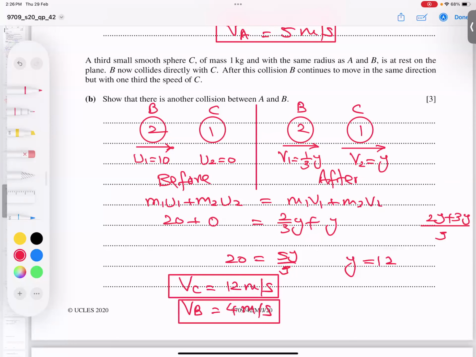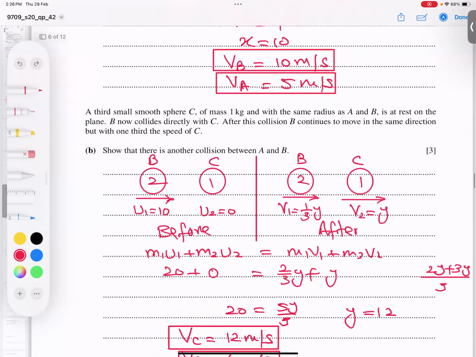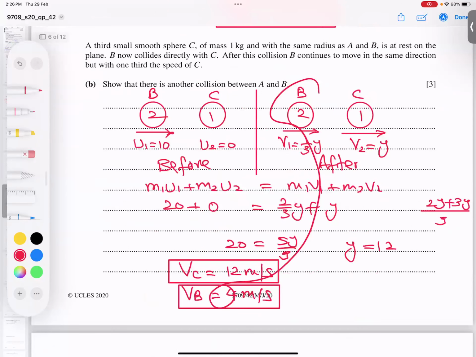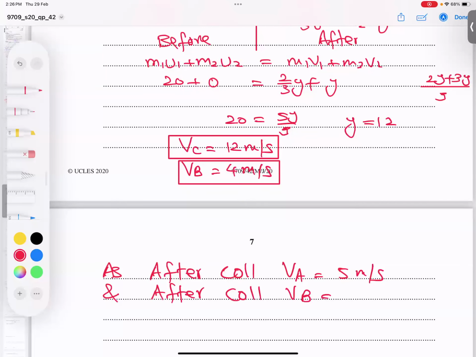My answer is: what is the velocity after collision of A? 5. And what is the velocity after collision of B? 4. Write the statement: after collision, the velocity of A is 5 meters per second, and after collision, the velocity of B is 4 meters per second.